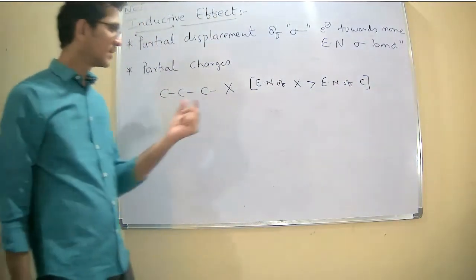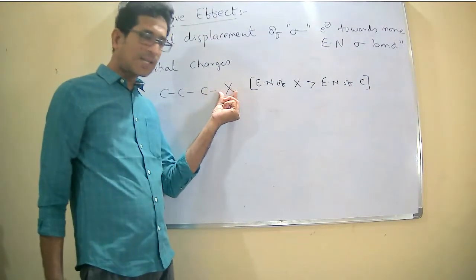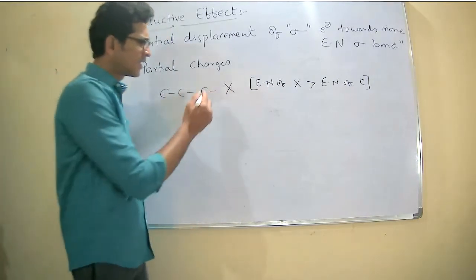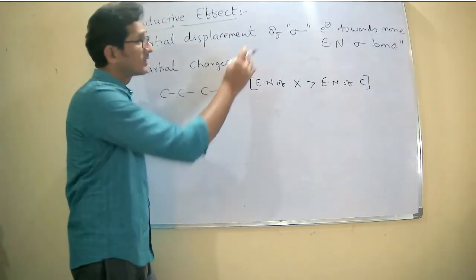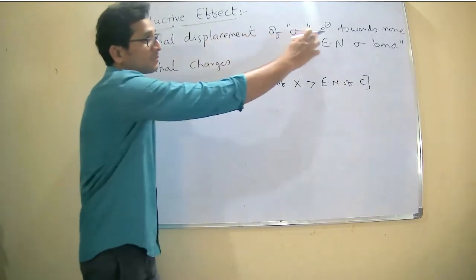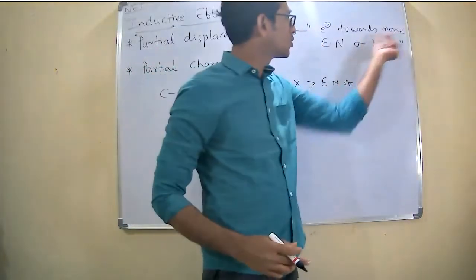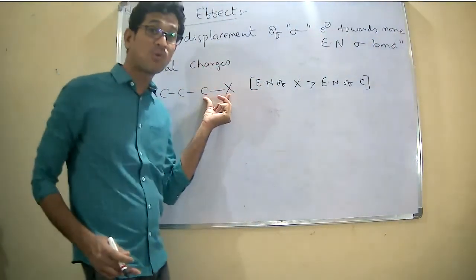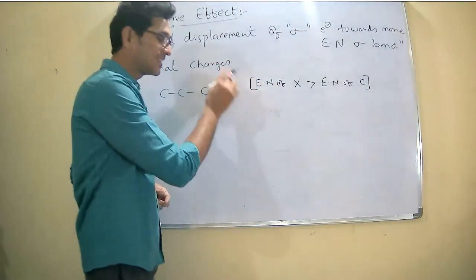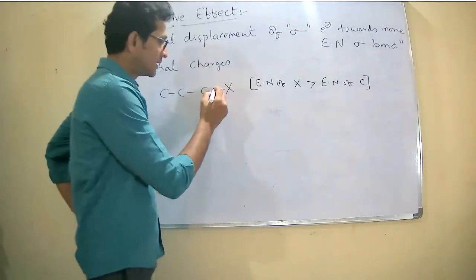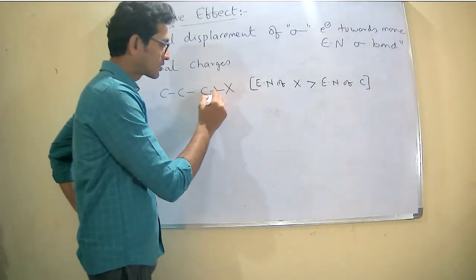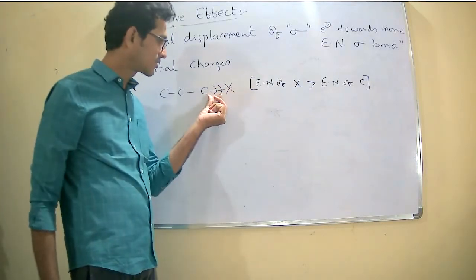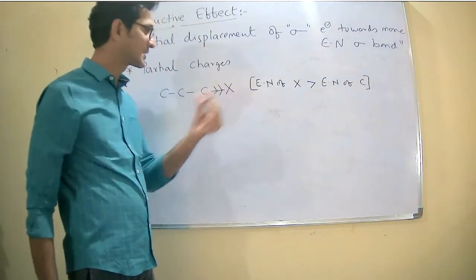So here, X is more electronegative and carbon is less electronegative. Then what happens here? The sigma electrons are displaced towards the more electronegative atom. Among these two, which is more electronegative? X is more electronegative. Therefore, electrons are transferring towards X.